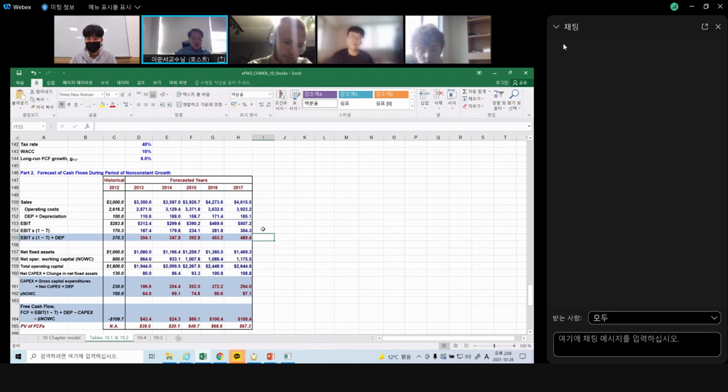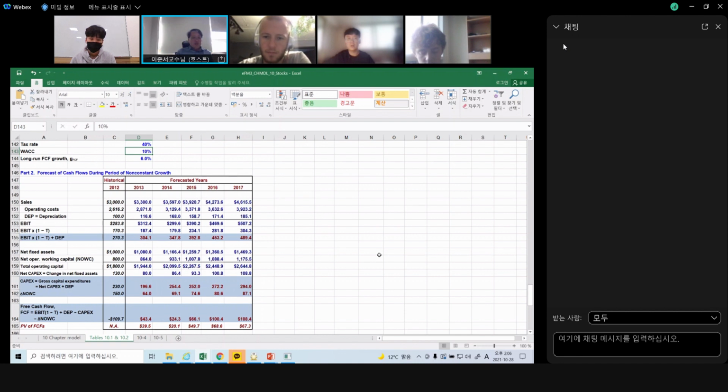In this Excel, we are at the end of 2012. So we forecast the 5 years of free cash flow, and we assume that this free cash flow grows at a constant 6%, and the WACC is assumed to be 10%.